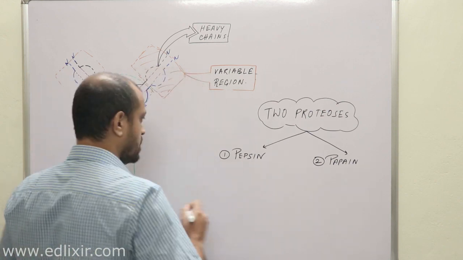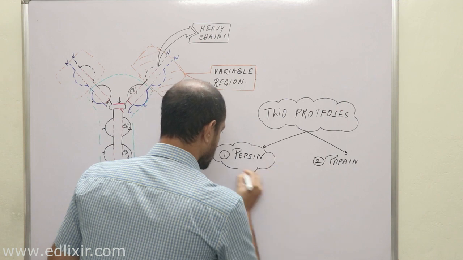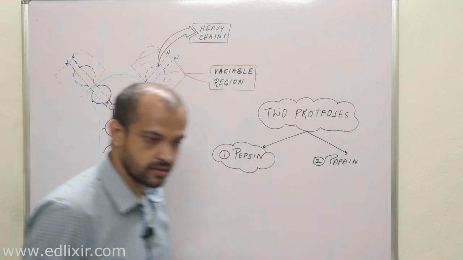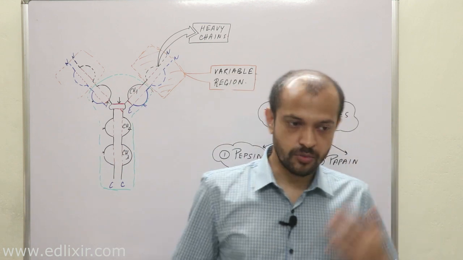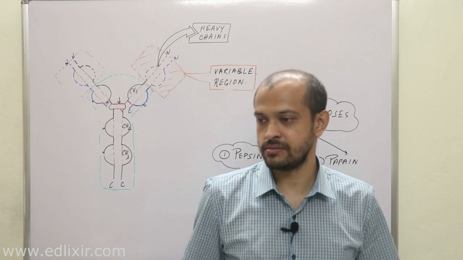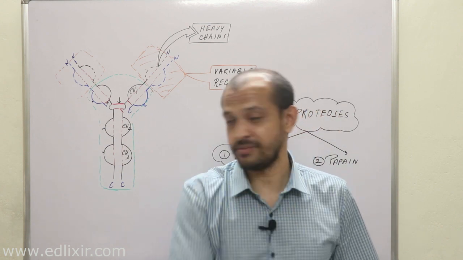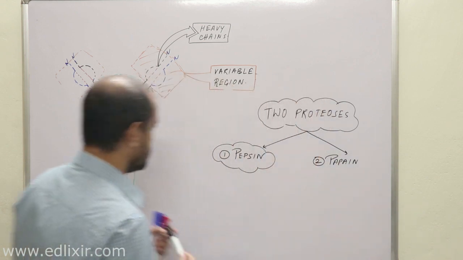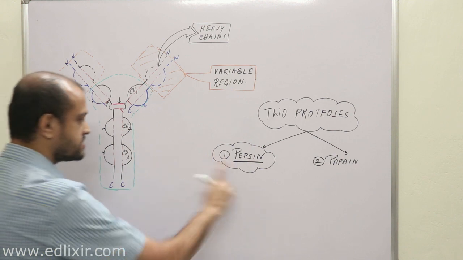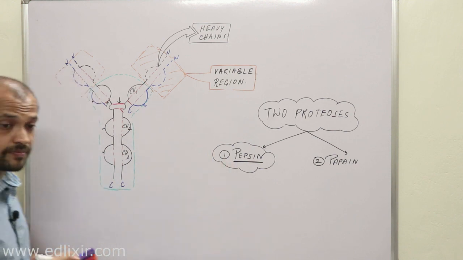Now let us talk about pepsin first. What is pepsin? We already know that our body produces pepsin, and every digestive tablet contains pepsin. That means it is very easily crystallizable. That's it.